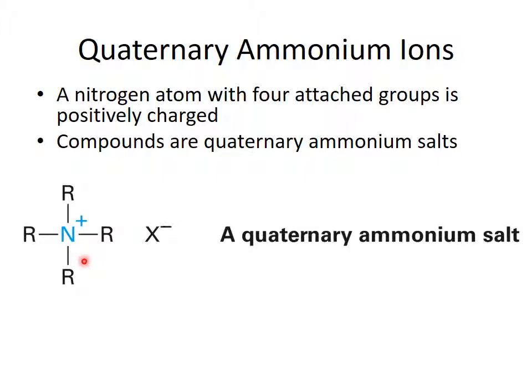If you look at the formal charge, you would see there are 1, 2, 3, 4 electrons formally on the nitrogen. 5 is how much it would have in the Lewis dot structure when it's unbound to something. So it's deficient in 1 electron, so we put a formal charge of positive on it. And then there's the counter ion over here, for instance, a chloride or something. These are really common because nitrogen is really nucleophilic and it will make this pretty easily.